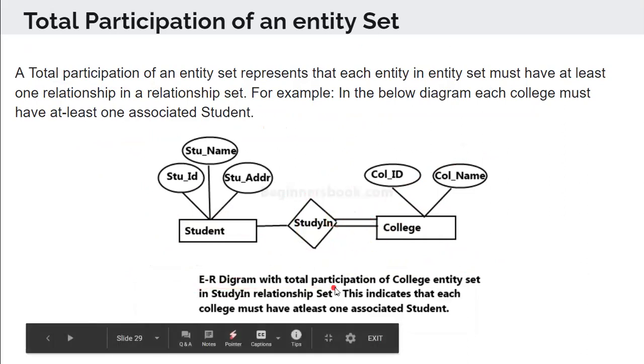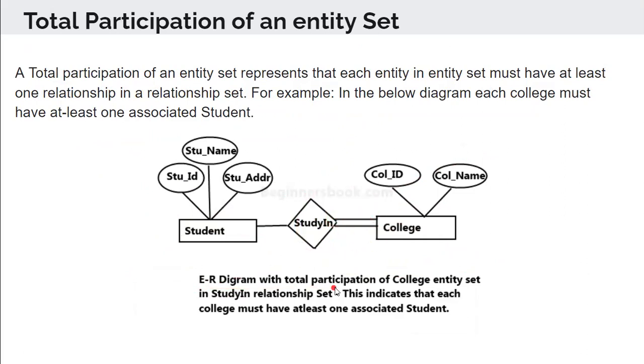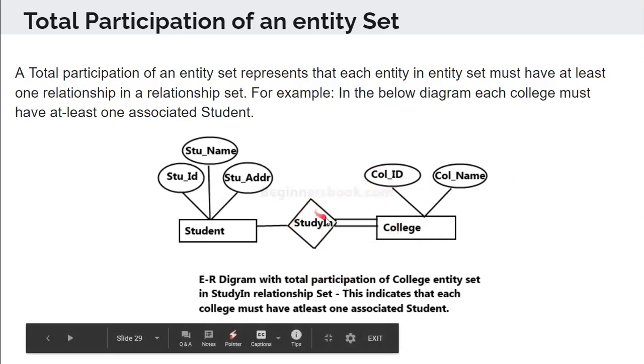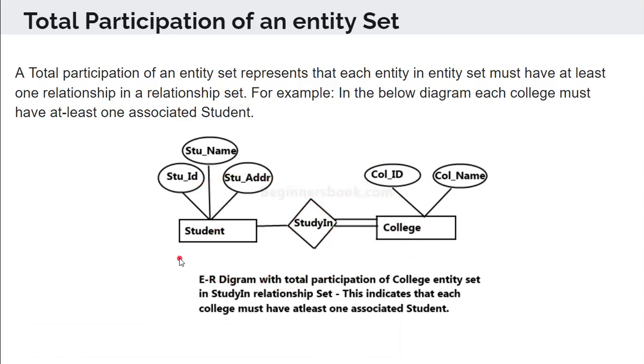This indicates that each college must have at least one student associated with it. So on this side it is total participation, and here it is partial participation. As per your need, you can design the participation as total or partial.